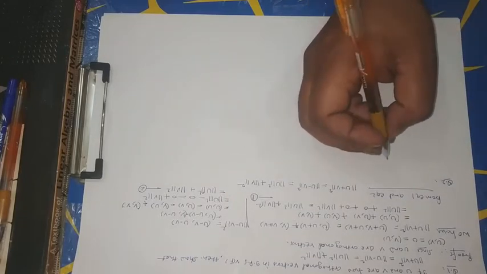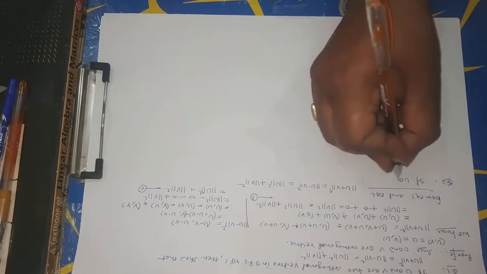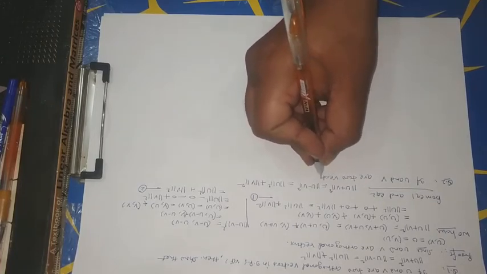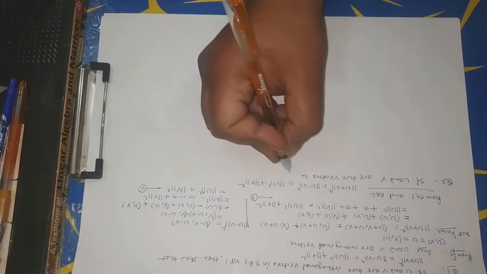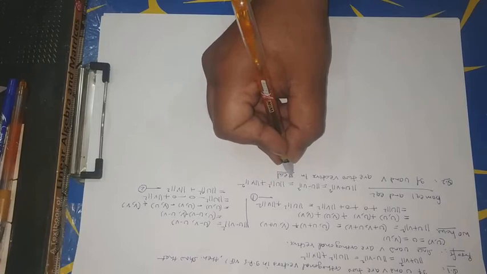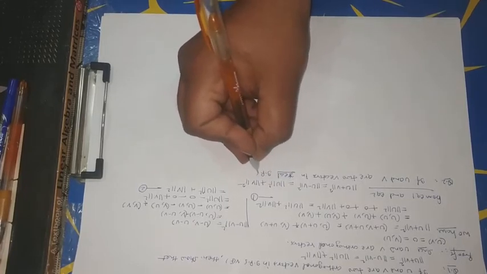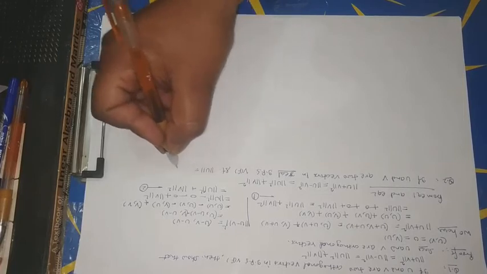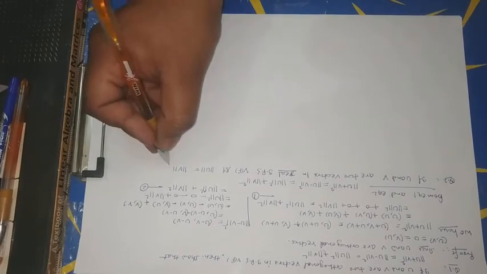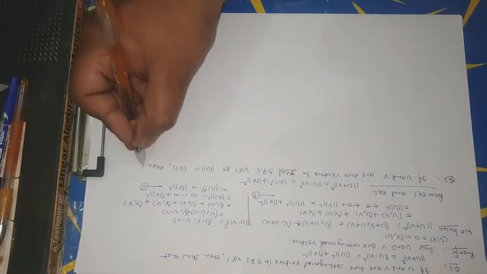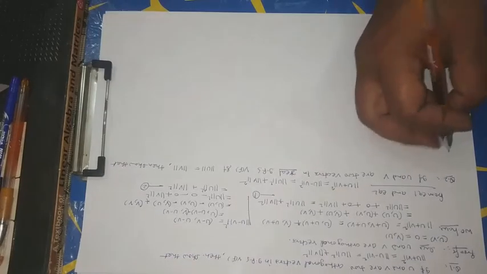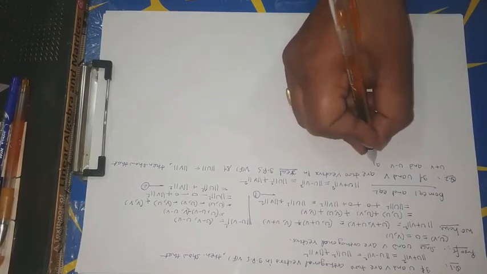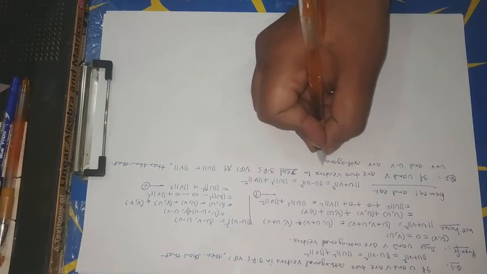If u and v are two vectors in a real inner product space V(F), and this is important, real, such that the norm of u is equal to the norm of v, then show that u plus v and u minus v are orthogonal vectors.